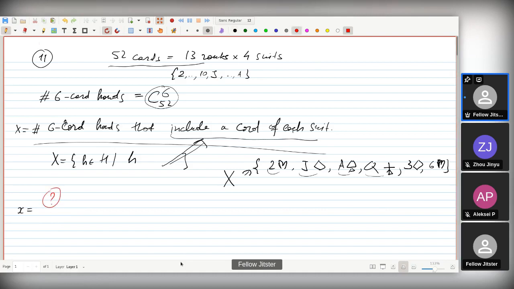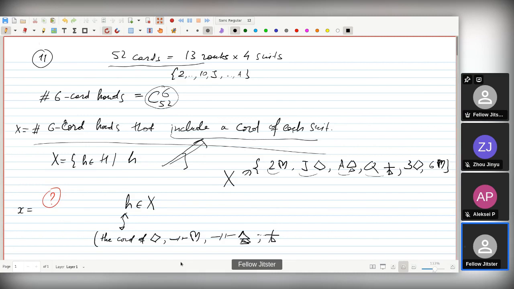So one obvious idea is as follows. Let us encode our hand with the following information. So we shall describe it the following way. The card of diamonds here, the card of hearts here, of spades, and of clubs.